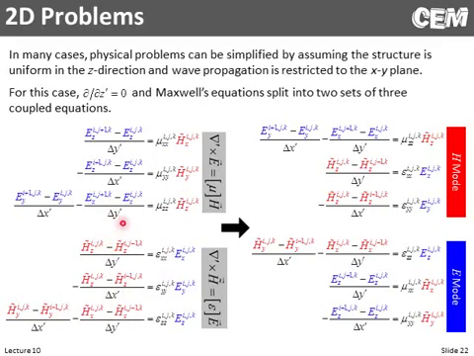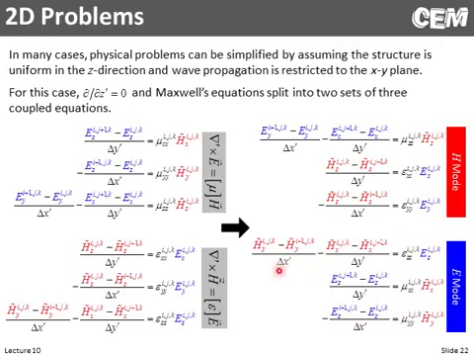Now it turns out, if we look at these equations, they've now decoupled into 2 independent modes. These 2 equations contain only hz, ex, and ey. And this third equation also contains hz and ex and ey. So we'll group this equation with these 2, and we're going to call this the h mode. Then we take the other 3 equations and we call it the e mode.